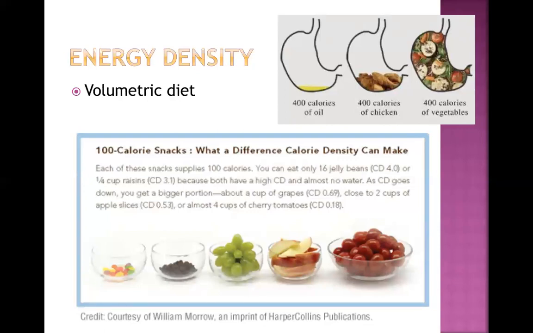So oil is very, very energy dense. The veggies are not very energy dense, and so you can eat a lot of them without getting so many calories. At the bottom of the slide, you have different 100-calorie snacks. The jelly beans are on the far left. Those would be very energy dense versus the cherry tomatoes on the far right, which are not very energy dense.